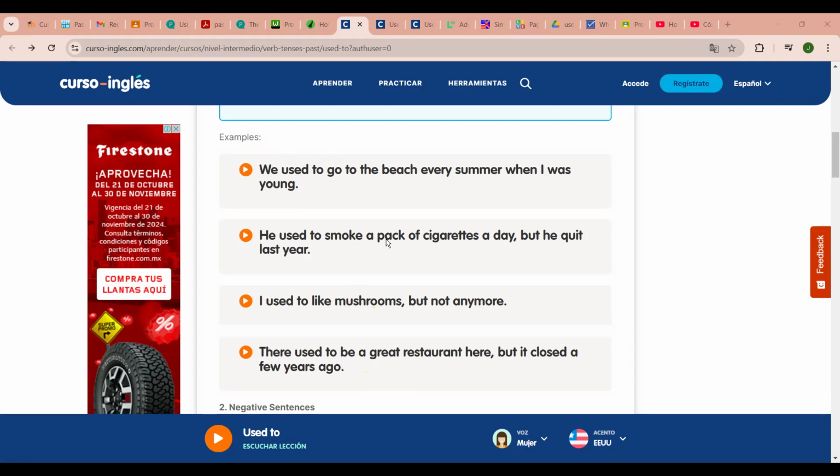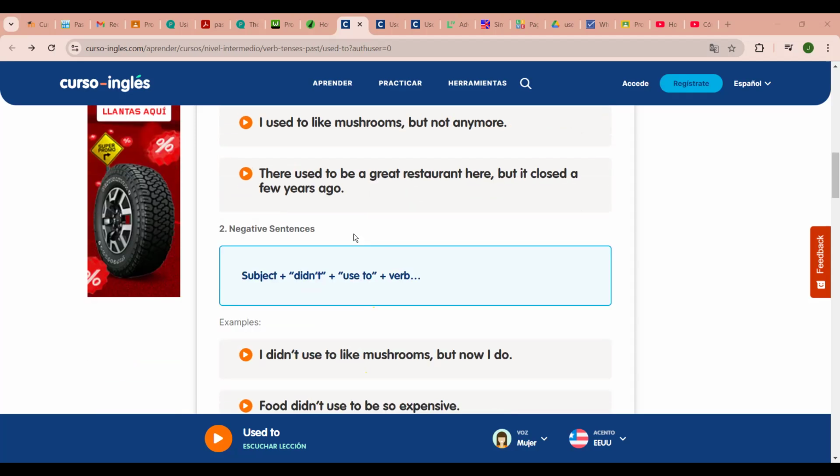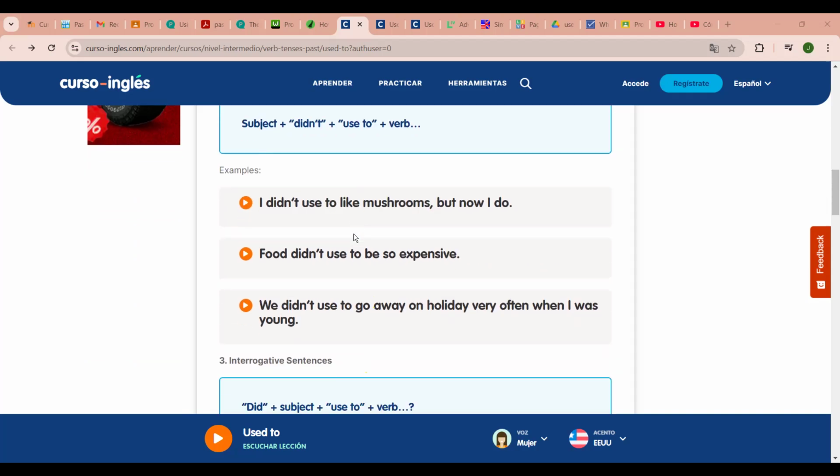Now, what about negative? Ada. Yes. Negative form. I didn't used to like mushrooms, but now I do. Food didn't used to be so expensive. We didn't used to go away on holiday very often when I was young. Right?